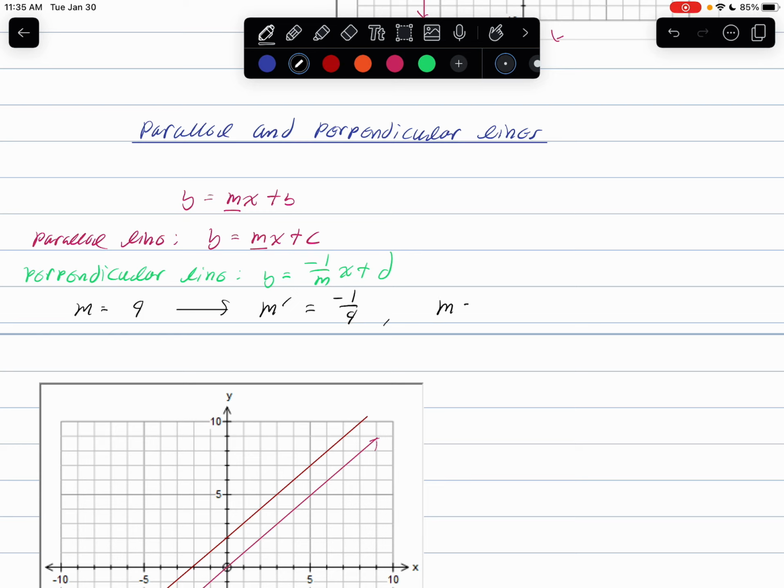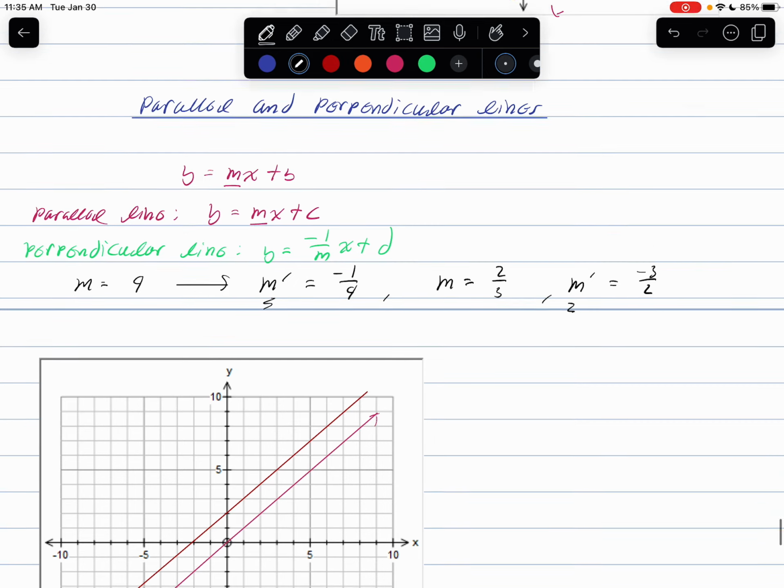If m is equal to 2/3, for example, we're just going to take the negative reciprocal of this. So the reciprocal means we just flip it, okay? So the numerator becomes the denominator and the denominator becomes the numerator. So this will become negative 3 over 2, okay? And again, the little dash here just indicates this is the perpendicular slope, okay?